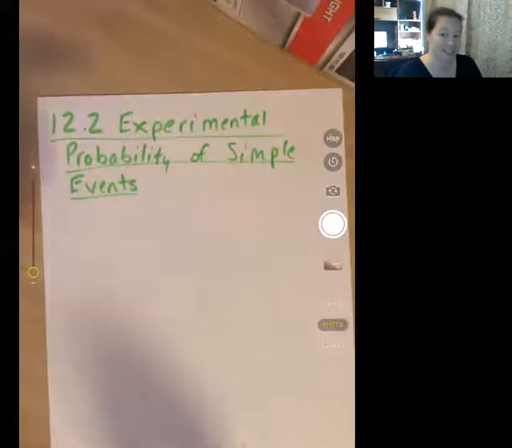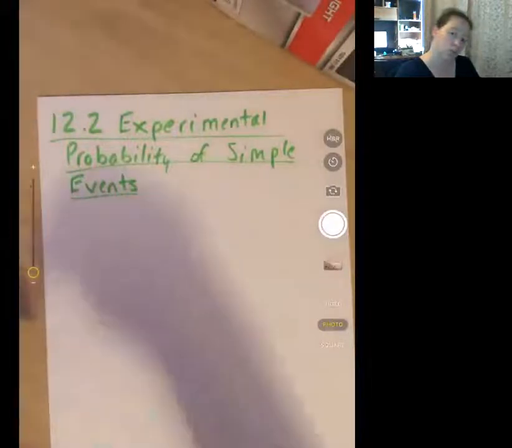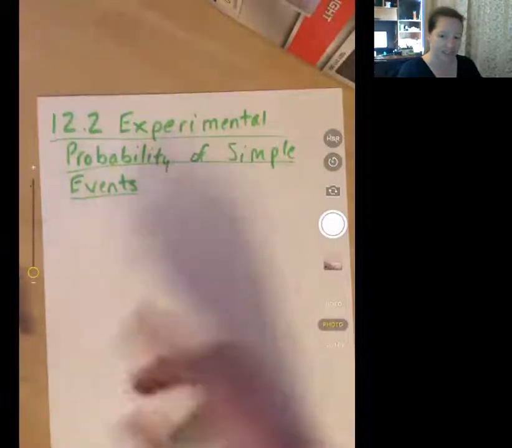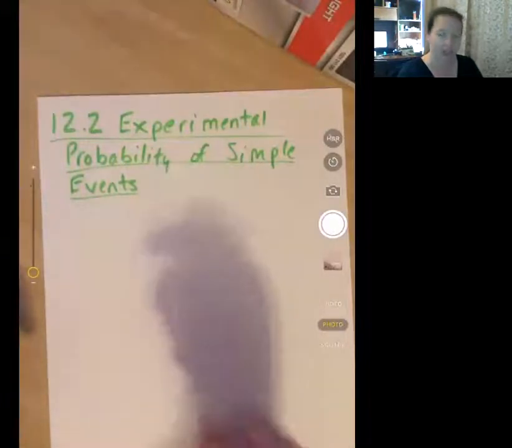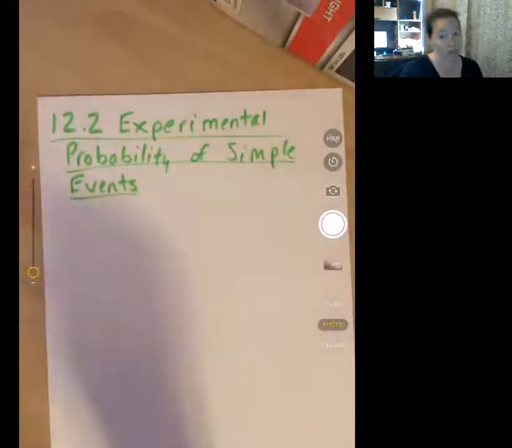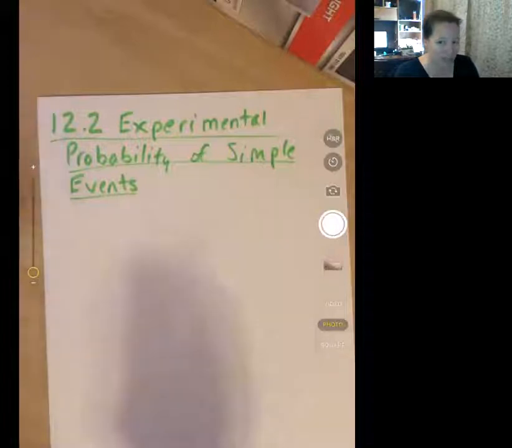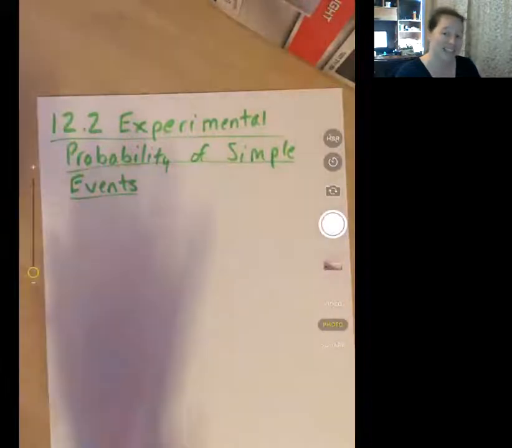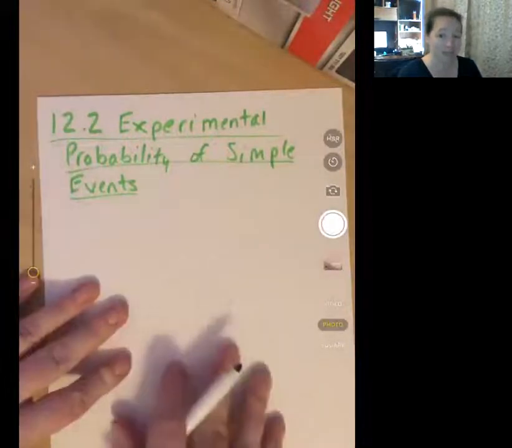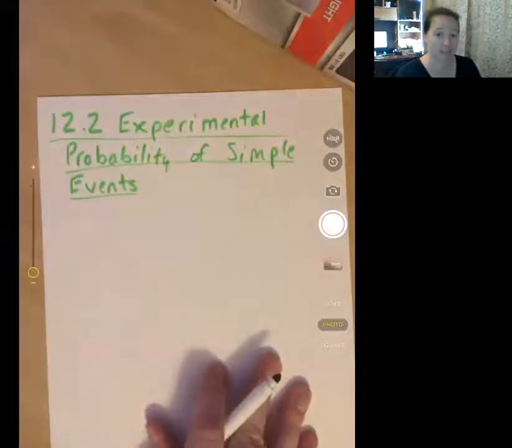So since it has 6 sides and you roll the dice every single time, it will come up on either a 1, a 2, a 3, a 4, a 5, or a 6. You have the same chance of it rolling on each one of those. So we would say it's the same probability of coming up, the same experimental probability.